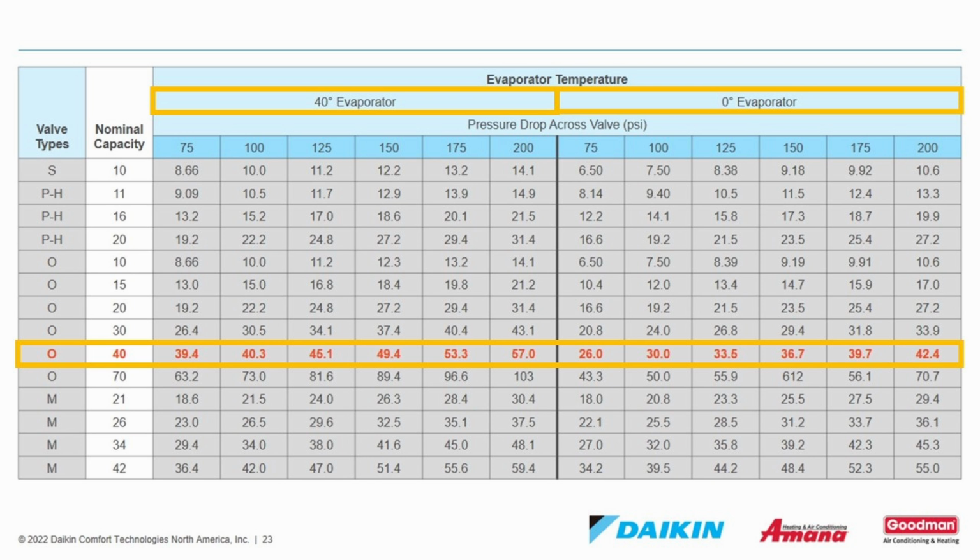If we look at a 40-degree evaporator, and we had calculated on the last slide 164 psi pressure drop across the valve, we're going to have to extrapolate a bit, but somewhere between 150 and 175, we can operate 49.4 to 53.3 tons of system. So yes, there are times when you could control a 50-ton system with a 40-ton TEV.